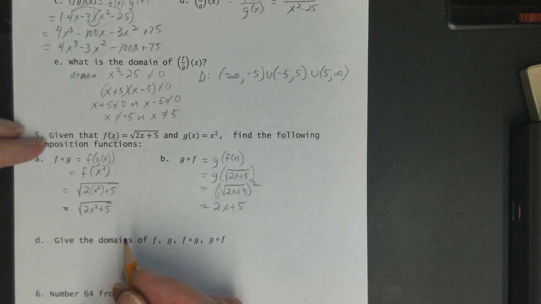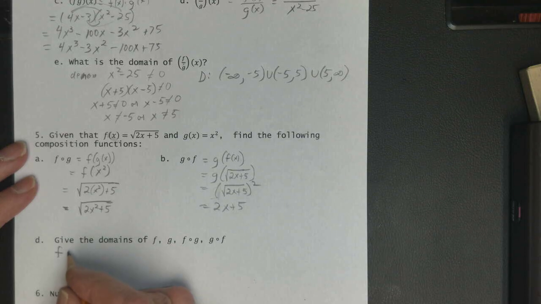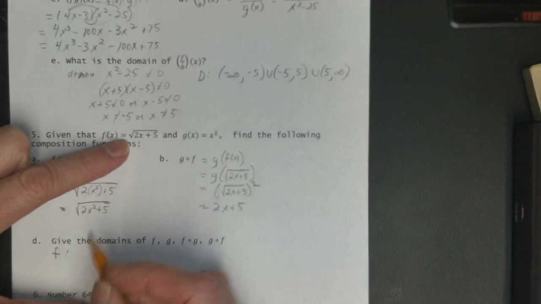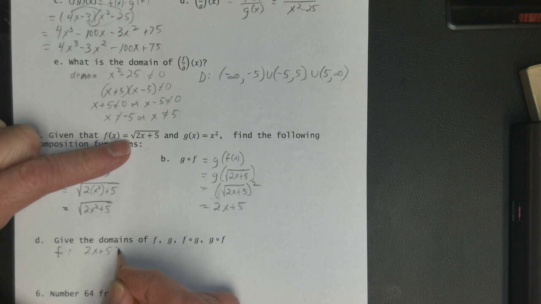Okay, the domain of f. Alright. 2x plus 5 has to be greater than or equal to 0.